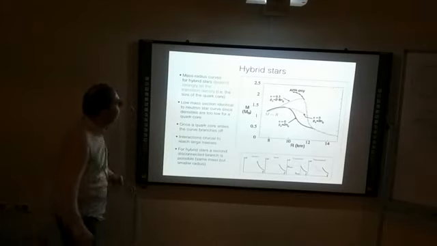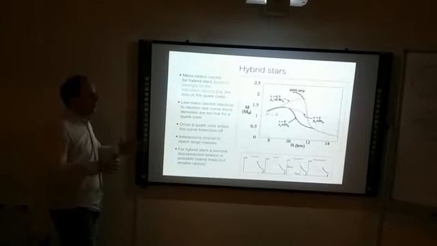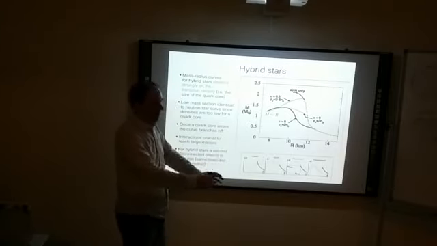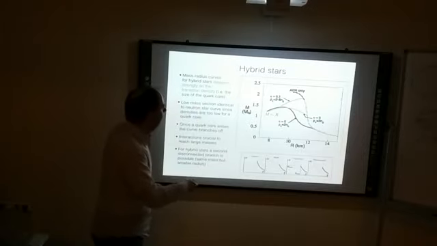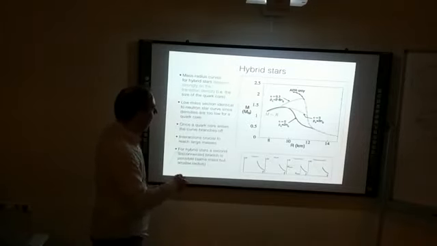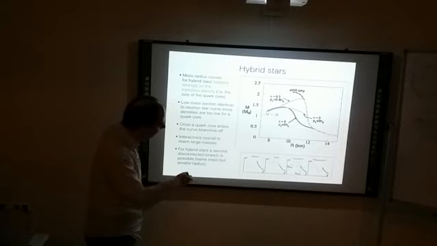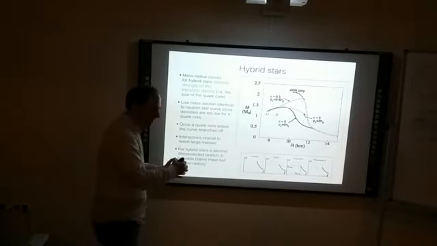In the last class, I already mentioned the hybrid stars, where only in the inner core of the star the density is so high that we transform neutron matter into quark matter. And in this case, you have this phase transition, as I showed you before. And what you find then in the M(R) curve is that you go from this behavior of a neutron star at large radii and small masses at some point to the behavior that you will find for these hybrid stars.